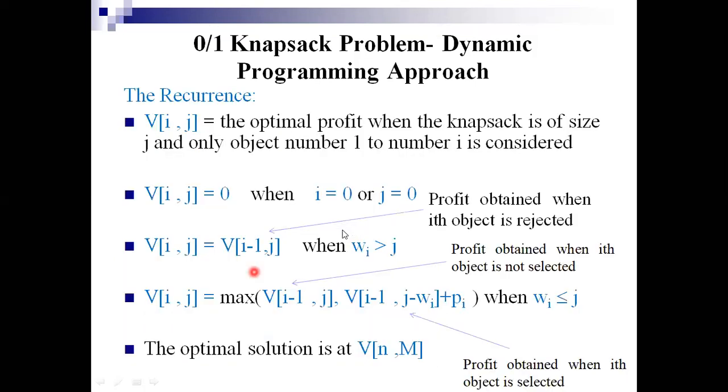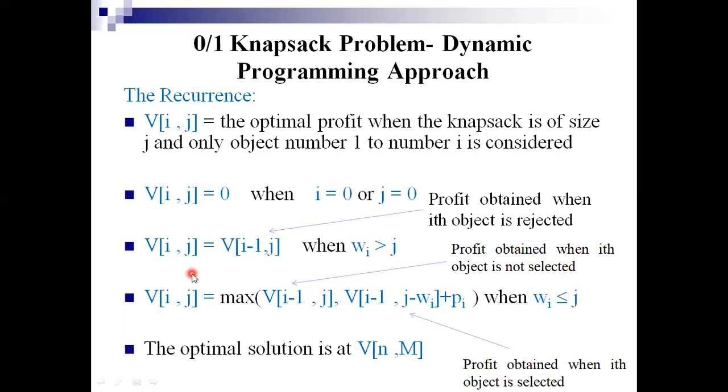The next is V of i comma j equals V of i minus 1 comma j. What does this represent? This condition arises when the weight of the ith object is greater than j. You are just trying to check whether I can put the ith object in the capacity of j.